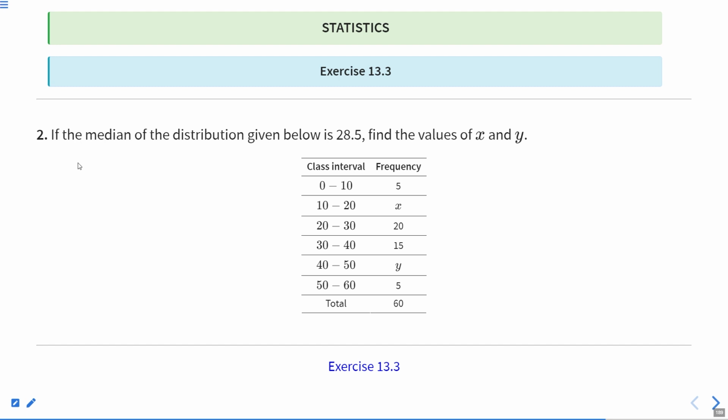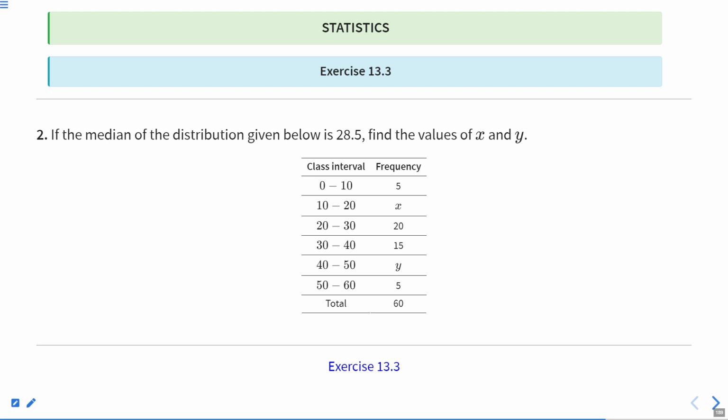Okay, so now let us move to the next problem. In the next problem, we have: if the median of the distribution given below is 28.5, then find the values of x and y. Okay, so we have this information in two columns. In the first column we have the class interval, and in the second column we have the frequency. When we have class interval 0 to 10, the frequency is 5.